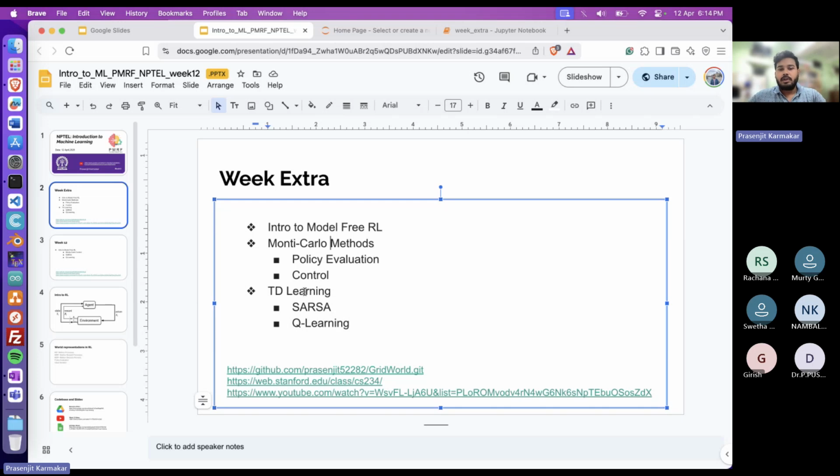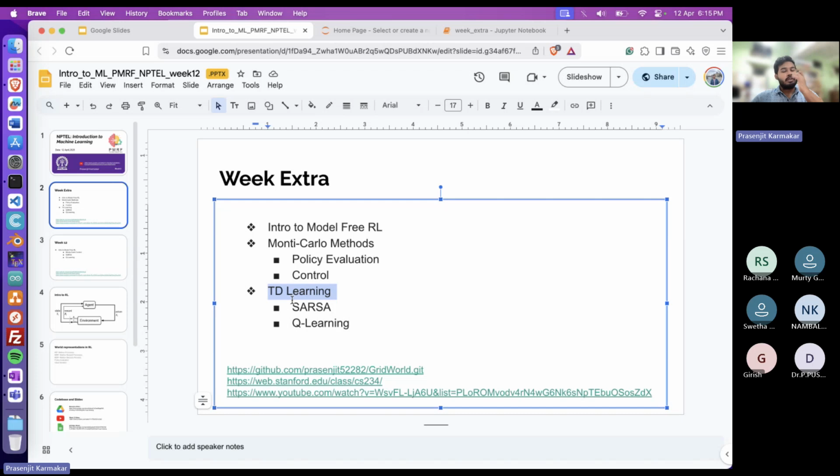Similarly, in TD learning, whenever you have this S, A, R, S prime tuple, you can update your value function. That's how we moved from storing the entire history to storing only the trajectory to storing only the immediate transition tuple, right?